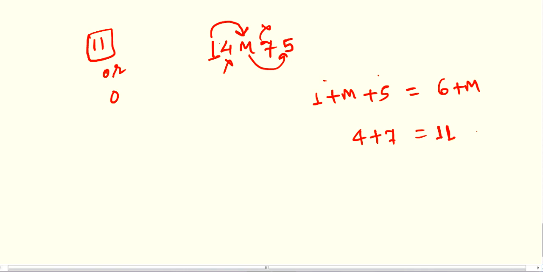We are having here 11 and we are having here 6. If I will take value of m as 5, 6 plus 5 equals 11. Now 11 minus 11 what? 0. So as per rule, if we are getting 11 or 0, then the number is divisible by 11. So we have to take value of m as 5. So 11 minus 11 0.